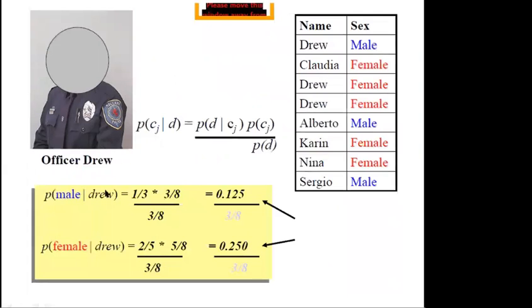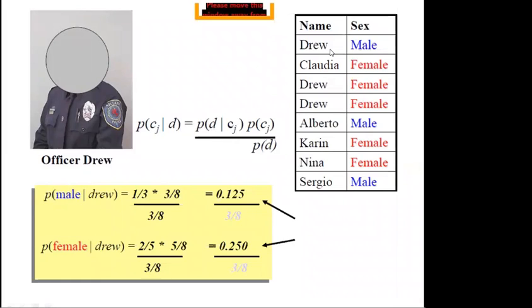Let's apply this. First thing is probability of Drew being male, that I need to find out. Probability of Drew being male is equal to probability of Drew given male. Drew name is here, it is male 1 time.